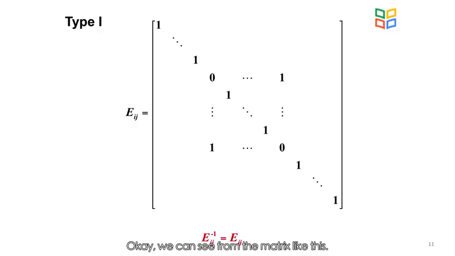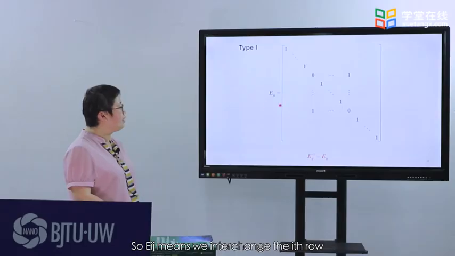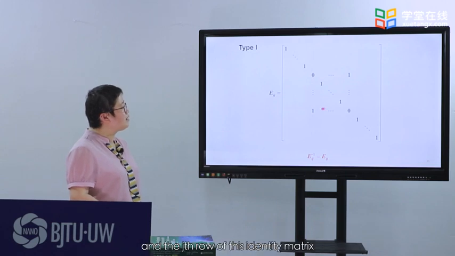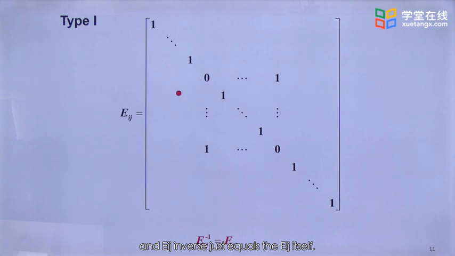We can see this from the matrices. Eij means we interchange the ith row and the jth row of the identity matrix. And its inverse, Eij inverse, just equals Eij itself. If you interchange these two rows again, you will get the identity matrix.